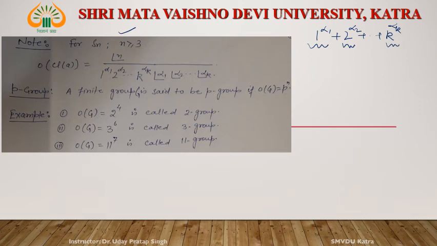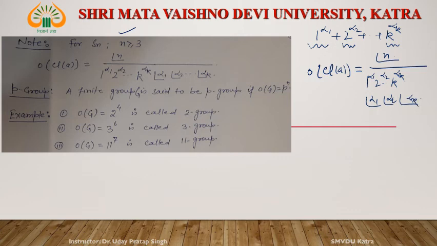Then the order of CLA can be written as factorial n over 1 to the power alpha 1, 2 to the power alpha 2, up to k to the power alpha k, factorial alpha 1, factorial alpha 2, factorial alpha k. Okay.